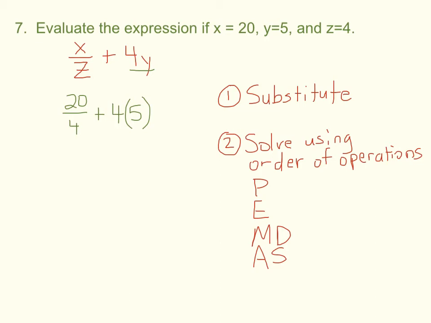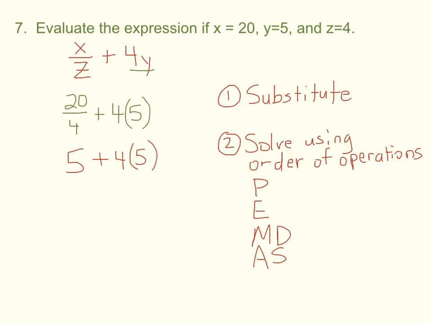So the next thing I would do is multiplication and division in the order that it comes in. I first have 20 over 4. Remember that fractions are division. So 20 divided by 4 is equal to 5. And then I have 4 times 5 left.